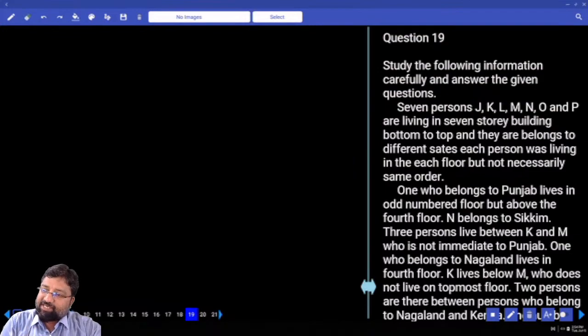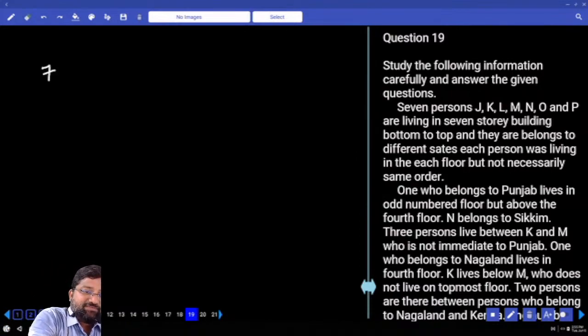Seven persons J, K, L, M, N, O, P are living in a 7-story building, bottom to top, and they belong to different states. Each person was living on a floor, but not necessarily in the same order. How many floors? 7 floors. Bottom to top: 7, 6, 5.